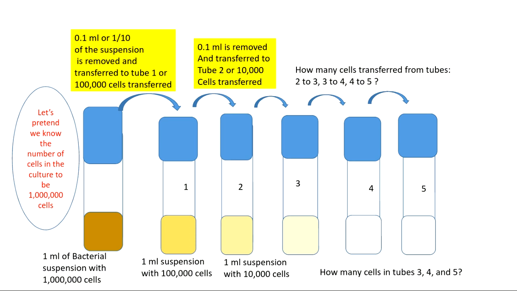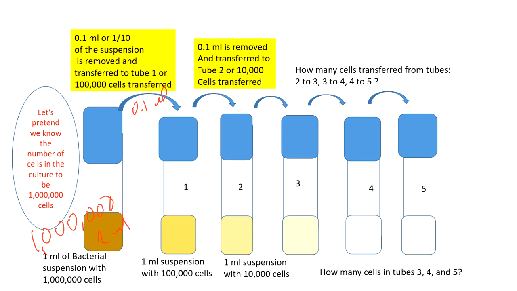Let's say that the number of bacteria in our culture is something we know, for whatever reason. So let's say there's 1 million cells per mL in our culture. When you dilute that, you're taking 0.1 mL out of it, which is a tenth of the 1 mL that's present.